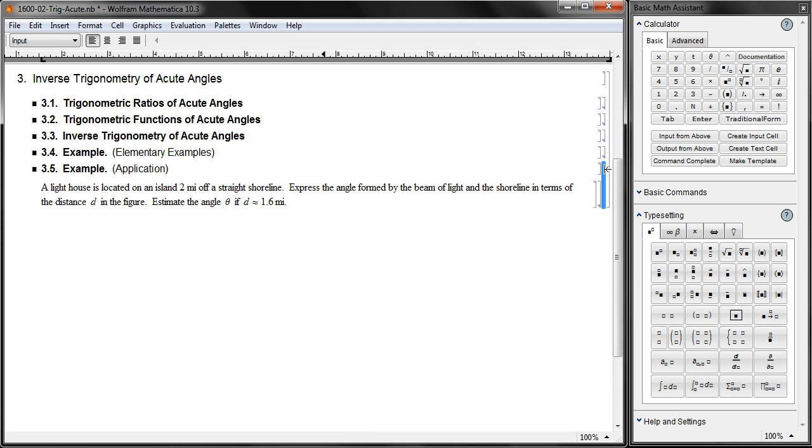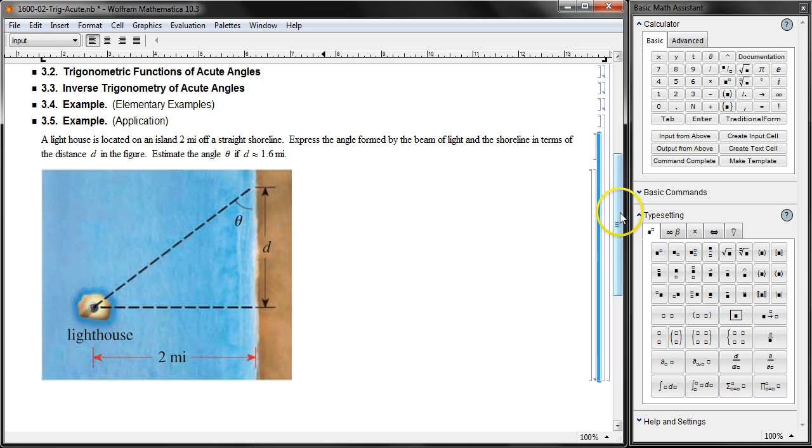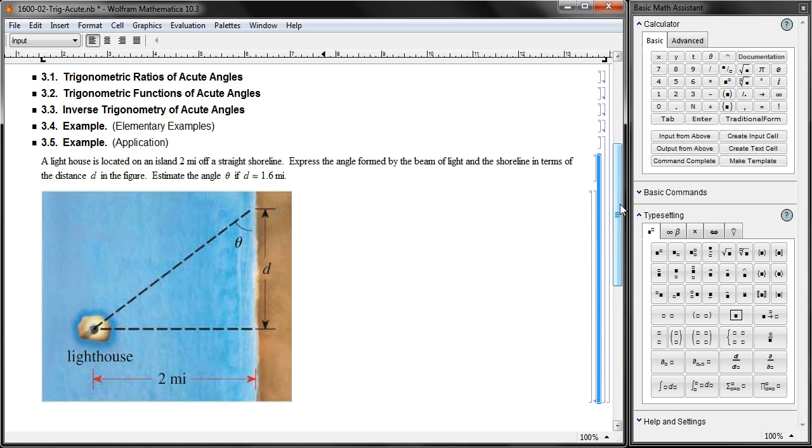Application problem? Okay, alright. A lighthouse is located on an island 2 miles off a straight shoreline. Express the angle formed by the beam of the light and the shoreline in terms of the distance d in the figure. Estimate the angle theta if d is 1.6 miles. Okay, instead of the previous examples where the angle was given, this is backward.